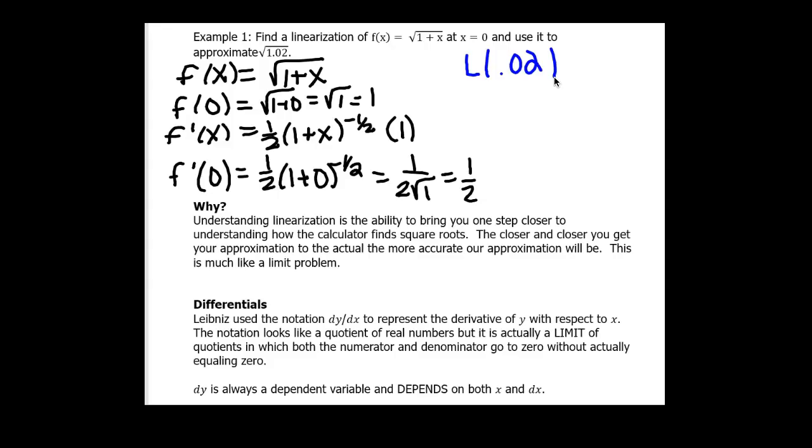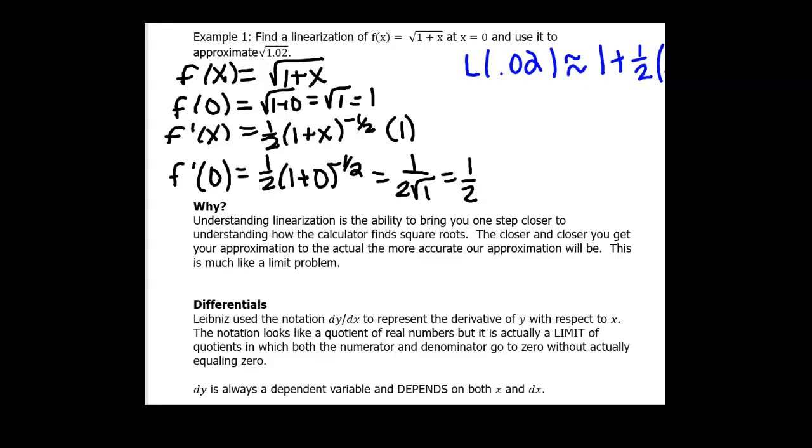We're approximating 0.02 because that's the x value you added to get that problem. So L of 0.02 is approximately f of a, which in this case is 1, plus f prime of a, which is 1/2, times x, which in this case is 0.02, minus a, which is 0.